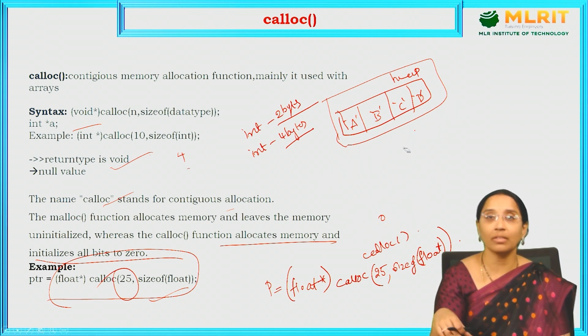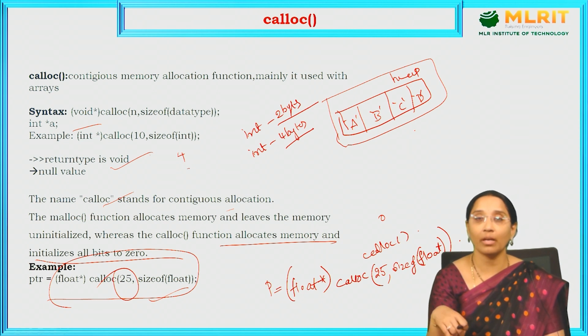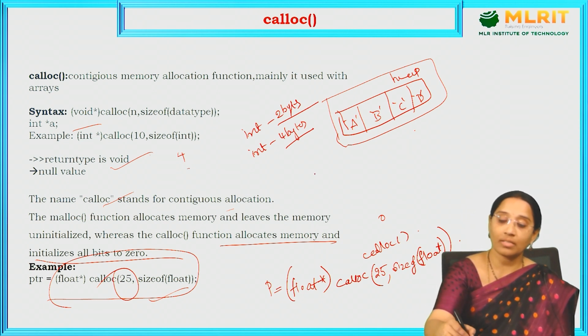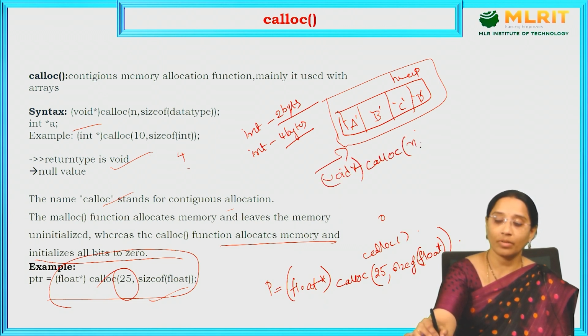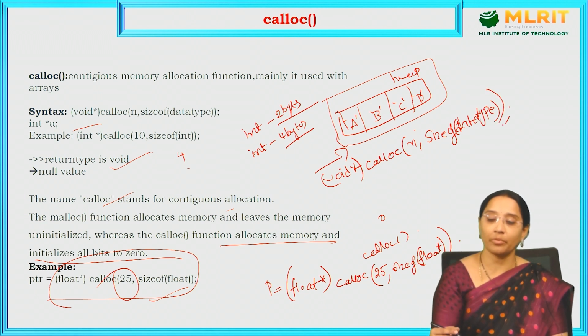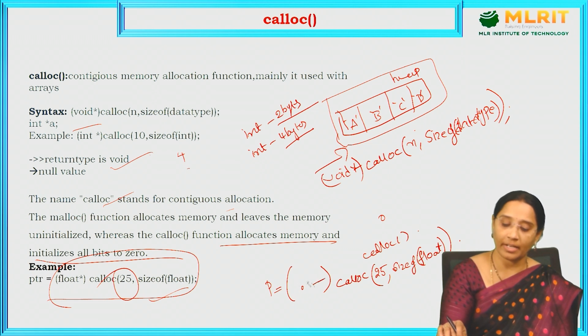We are storing character values, so we need to take the character data type. On success it will return a void pointer, but later you have to typecast. Which type of values are we storing? That you know, right? We are storing characters, so typecast it to the character data type.